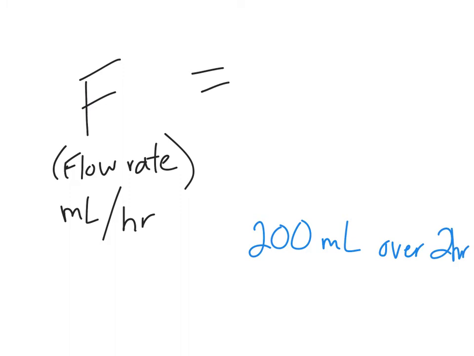Thinking about this logically, how many milliliters would they be getting in just an individual hour, in just 1 hour? Well, you might be thinking that means they're going to get 100 milliliters per hour. They're going to get 100 milliliters the first hour, 100 milliliters the second hour, and then they're done with their IV. Over 2 hours, we've administered the full 200 milliliters.